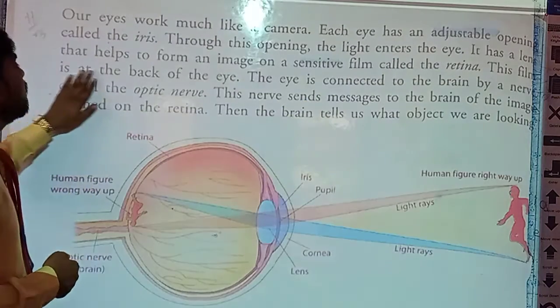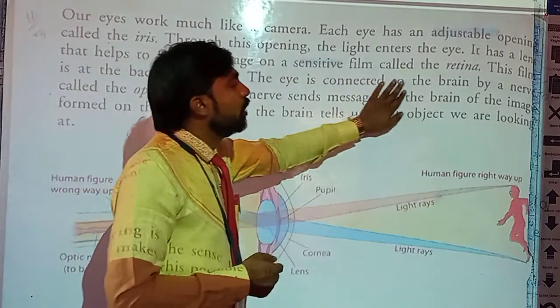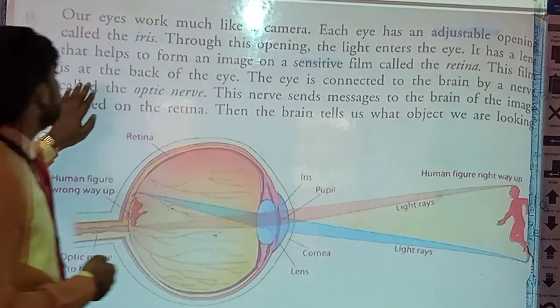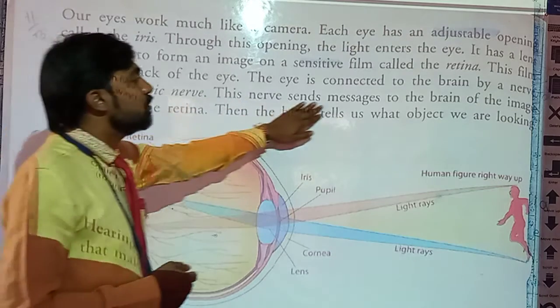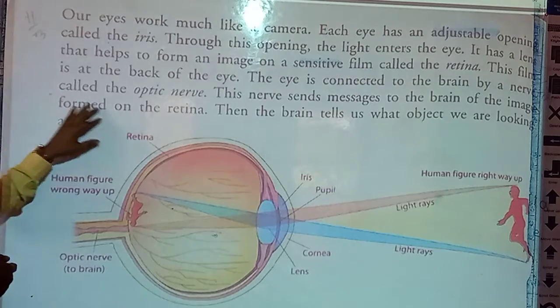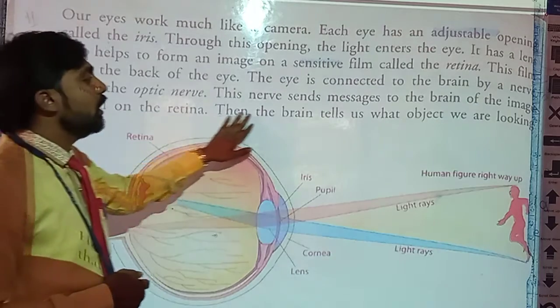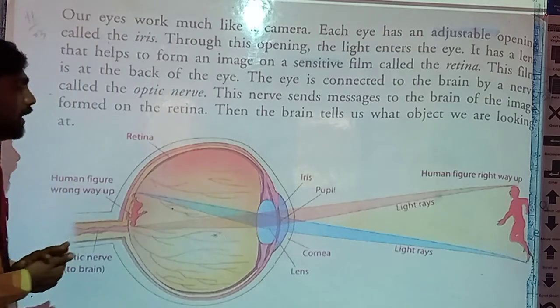This film is at the back of the eye, and the eye is connected to the brain by a nerve called the optic nerve. And this nerve sends a message to the brain of the image formed on the retina. Then the brain tells us what object we are looking at.